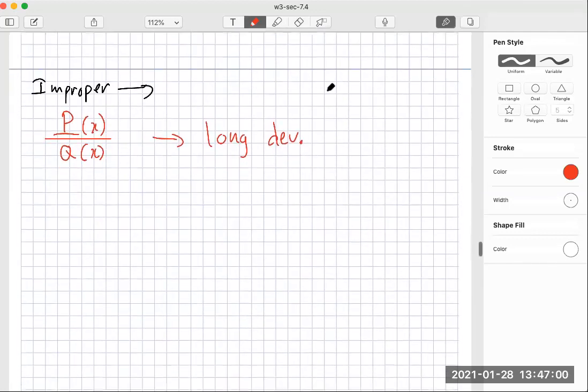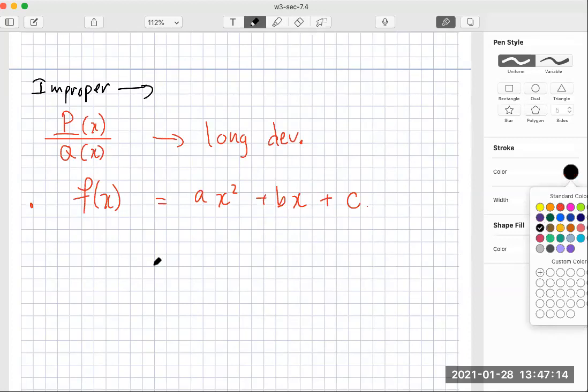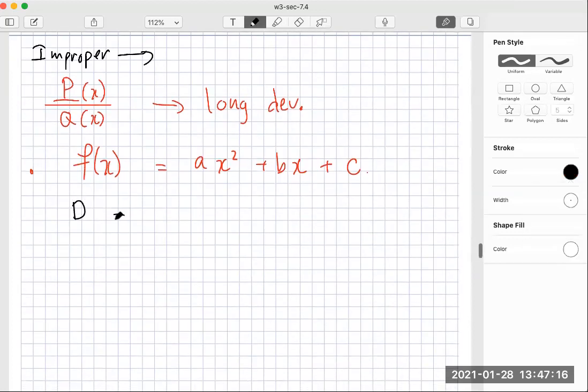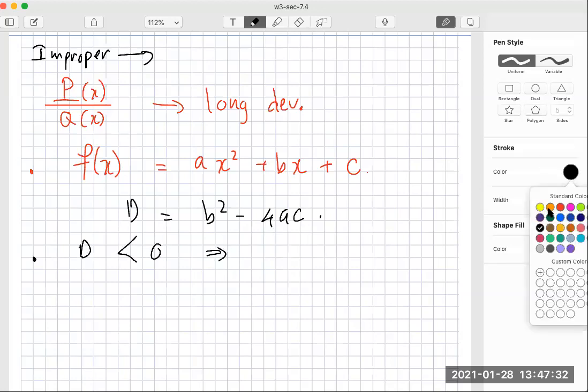And a very important trick here. If a function f of x is ax squared plus bx plus c, and given that the discriminant is b squared minus 4ac, if D is smaller than 0, then what is it?